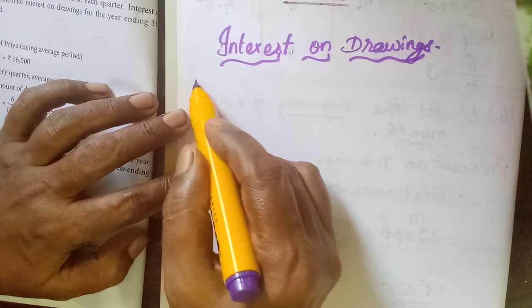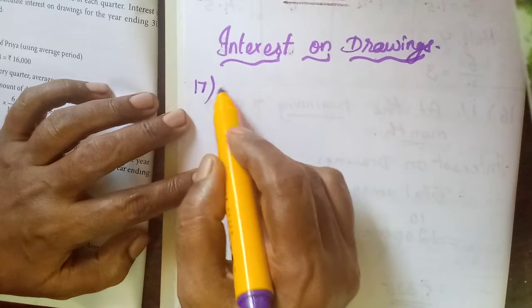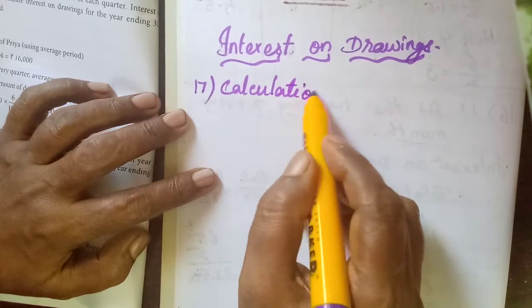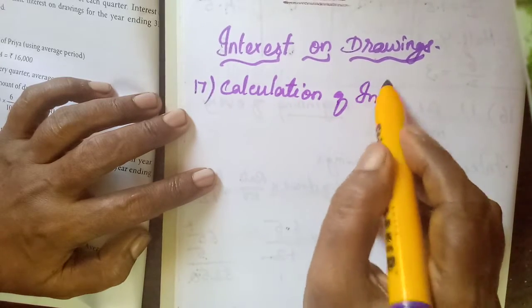Write the number first: illustration 17. Then calculation of interest on drawings.